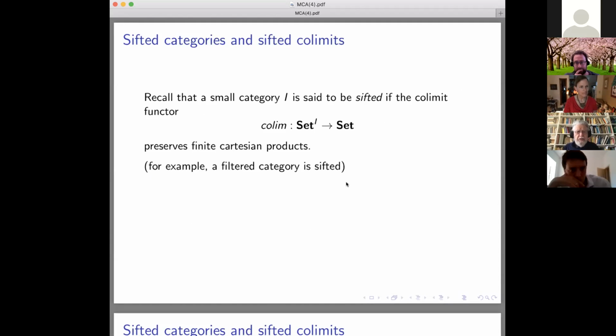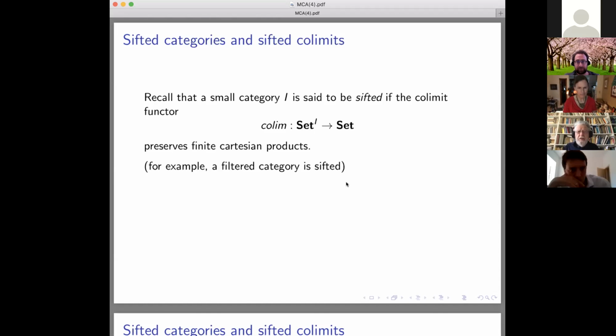Recall that a small category I is said to be shifted if the colimit functor preserves Cartesian products. This is very similar to the notion of a filtered category.